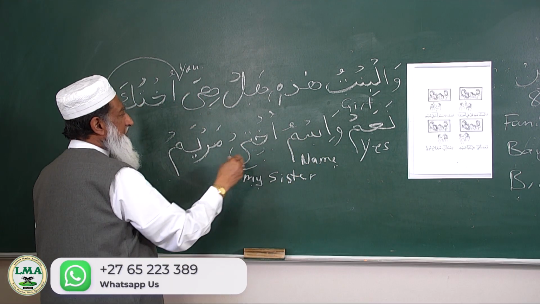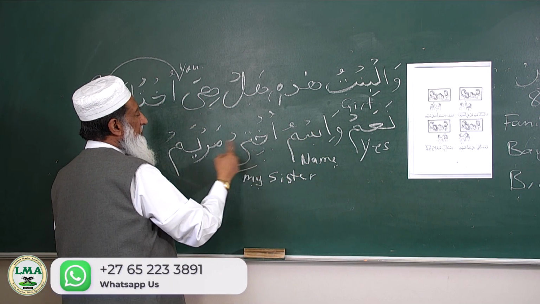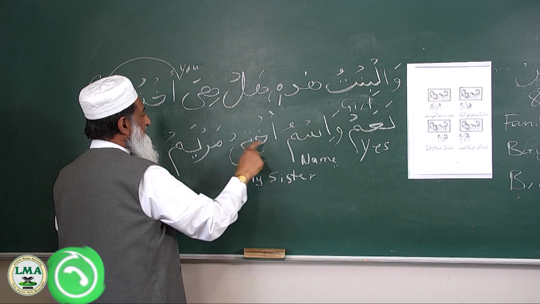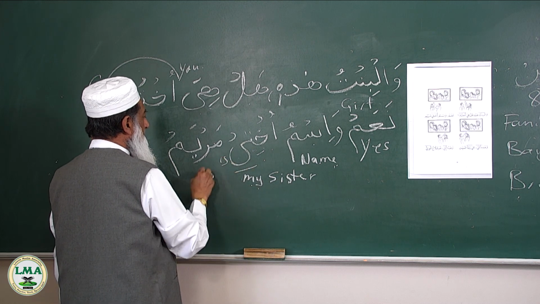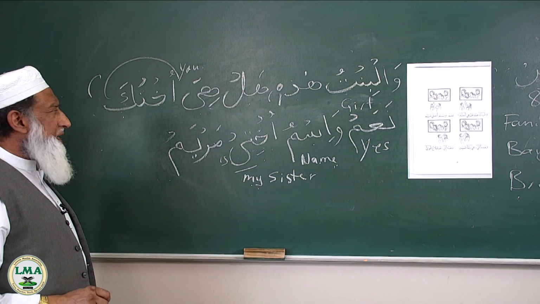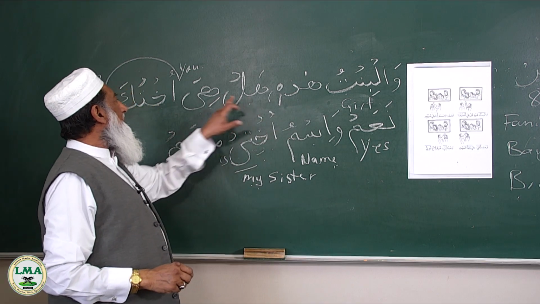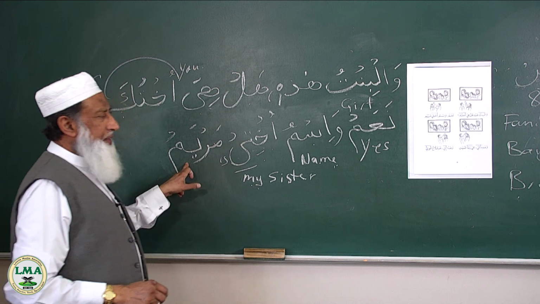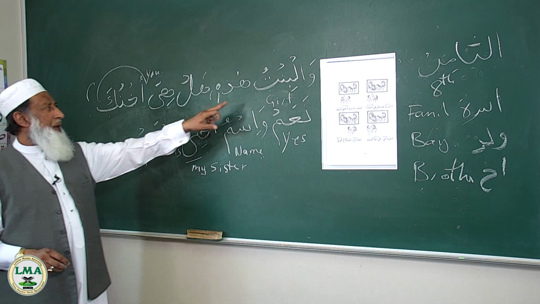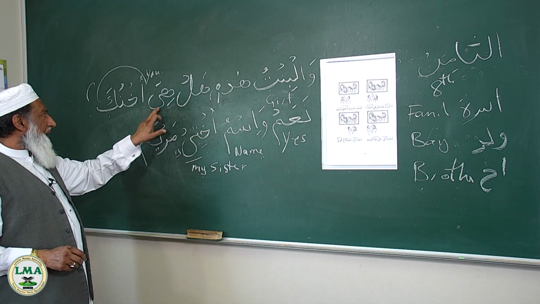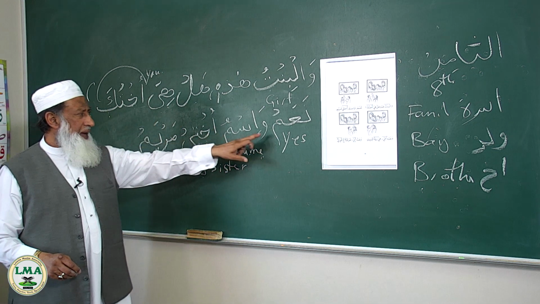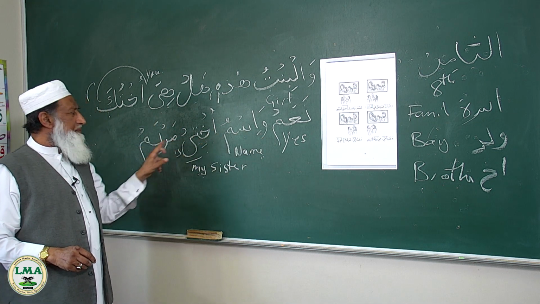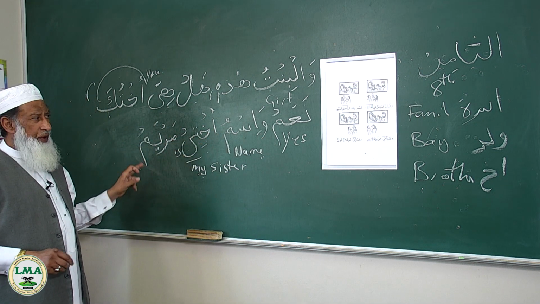Because when we have this construction here, we won't say name of my sister, but we could say my sister's name, and you put the ya here, and that will finish our sentence. So wal-bintu hadihi, hal hiya ukhtuka, na'am, wa ismu ukhti Maryam. You can repeat with me one more time. Are we okay? We got that right?